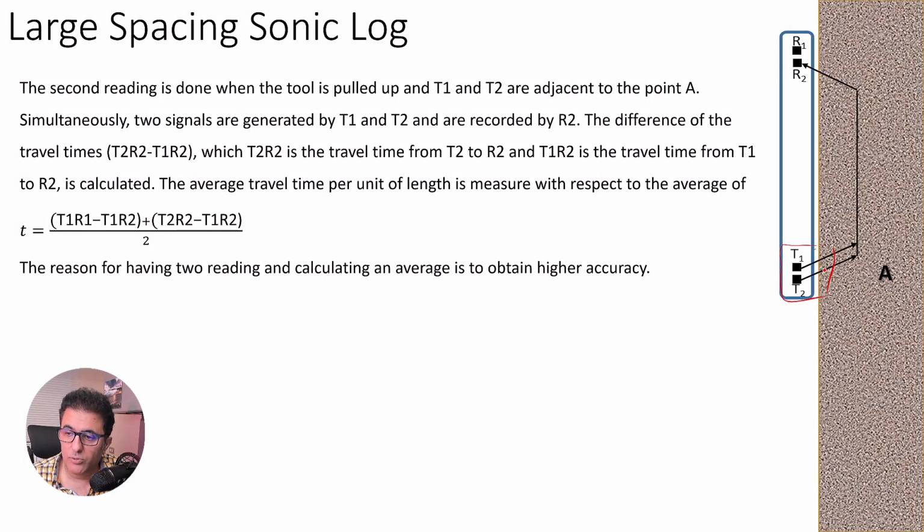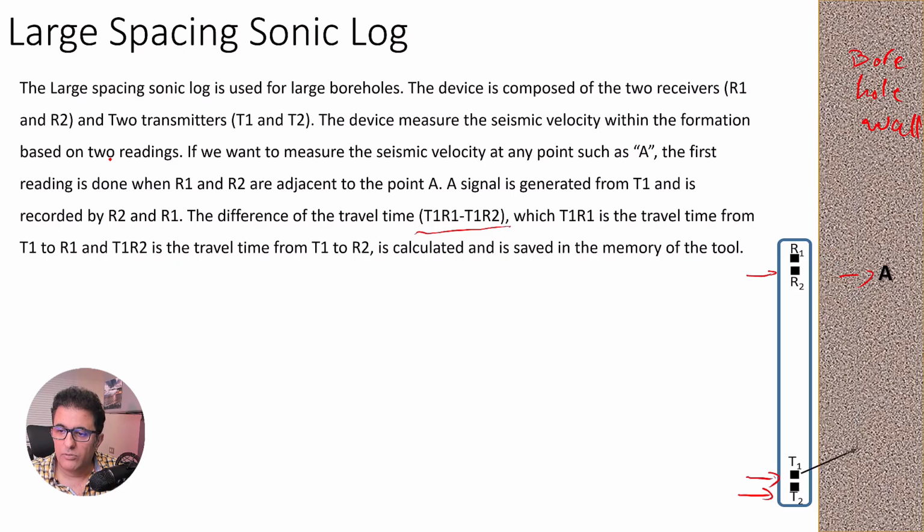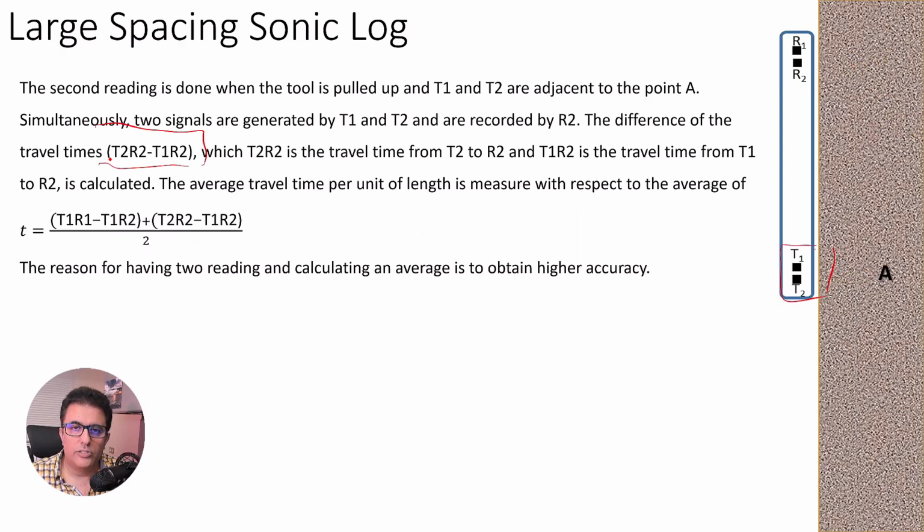These two transducers produce a pulse simultaneously that is recorded by R2. Then we're going to have another travel time, T2R2 minus T1R2. And this travel time is averaged with the travel time that was measured before in order to cancel the effect of the noise and the heterogeneity of the formation, in order to have a more accurate estimate of seismic travel time in the formation. So this is how this logging tool works.